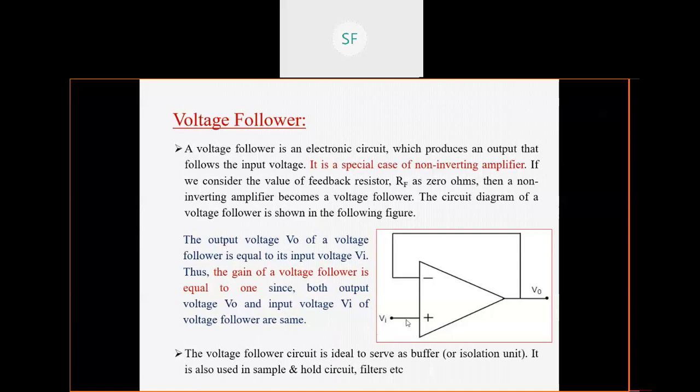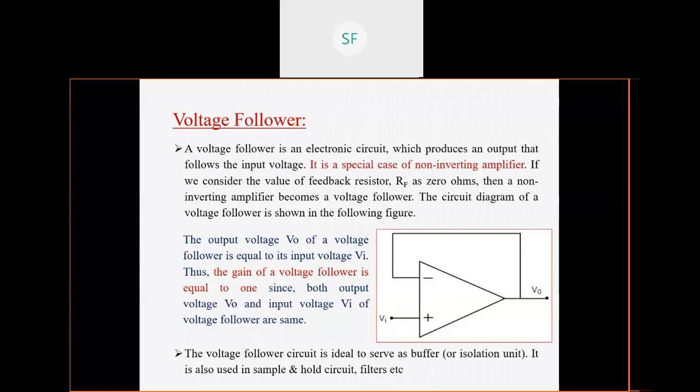And if it is given to the inverting terminal, then it becomes an inverting amplifier. Whether it is Vi or V in or the input signal, you have to observe whether it is given to the non-inverting or inverting terminal.